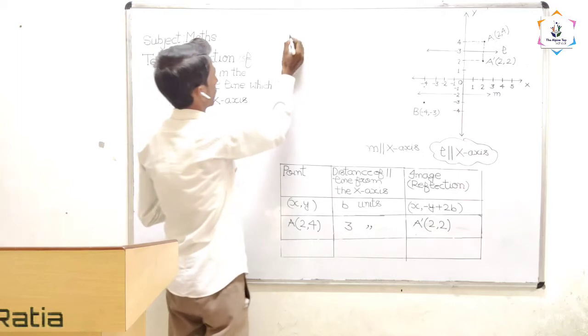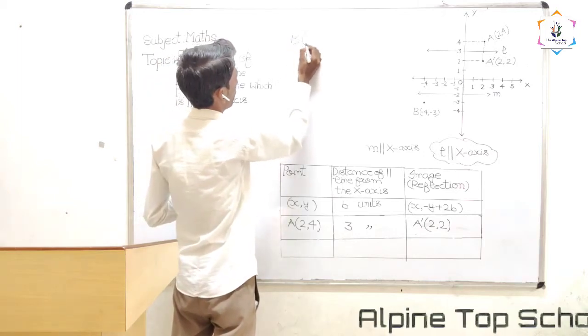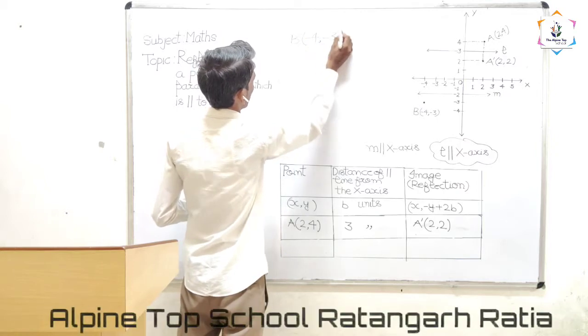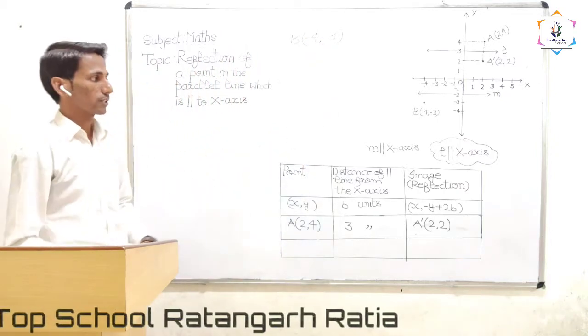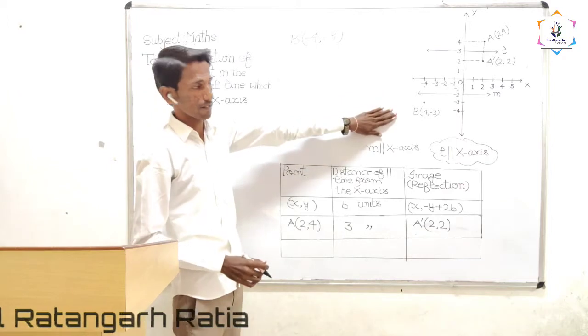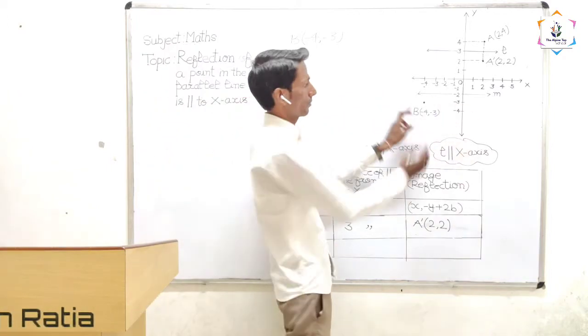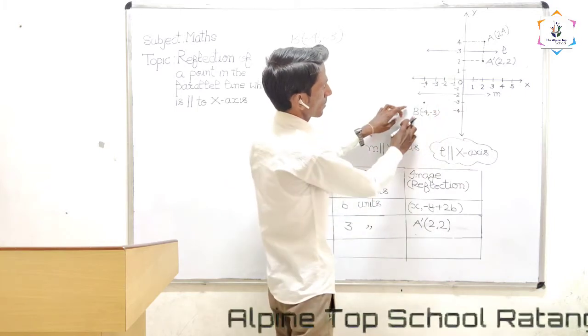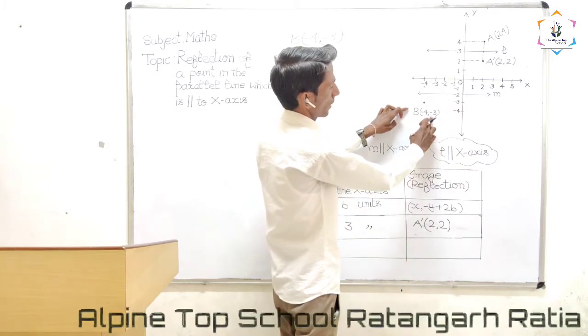As 2, 2. Now we are going to take one more point here. The second point I want to take is B, coordinates -4, -3. First I want to draw this point in the graphical system that I have already drawn here, so that we can save time. This is point B, coordinates -4 and -3.